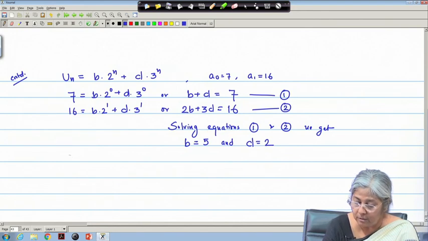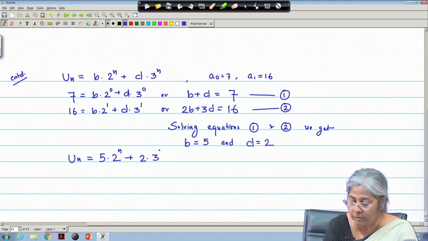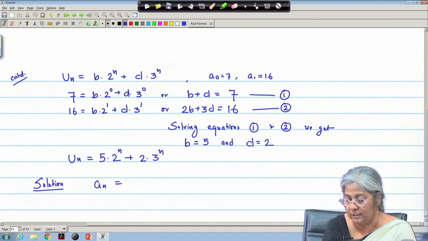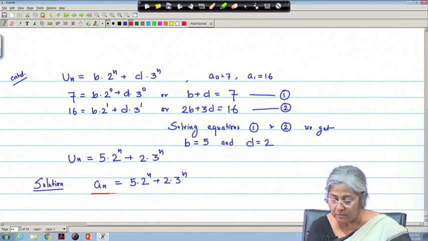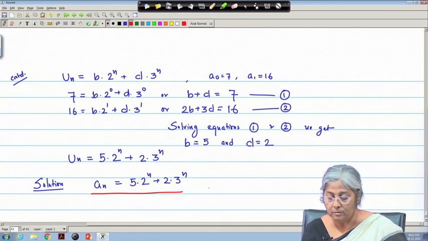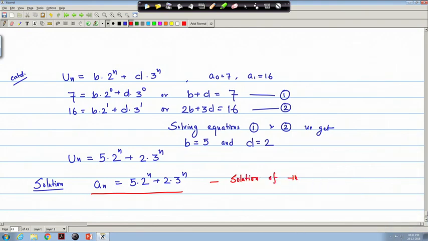So, we get that Un equal to 5 2 to the power n plus 2 3 to the power n. That means my solution is an equal to 5 2 to the power n plus 2 3 to the power n. So, I get an explicit formula, the solution of an. So, this is my solution of the recurrence relation.